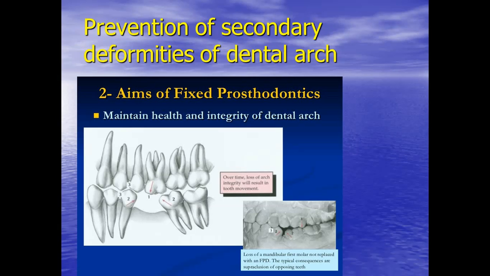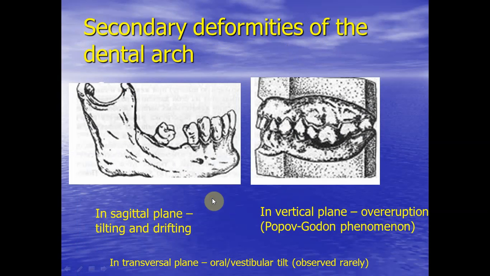Then we'll also see some other deformities of the dental arch, which can also include displacement of the tooth in the vertical plane. Okay, so all these deformities of the dental arch, of a tooth row, are called secondary deformities.